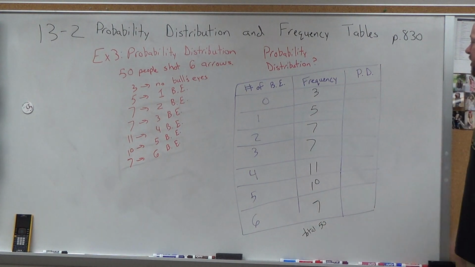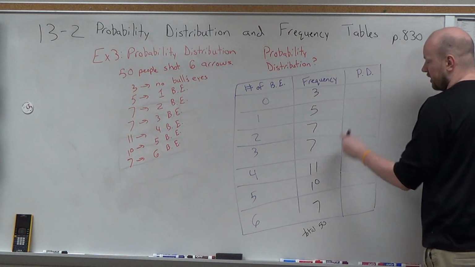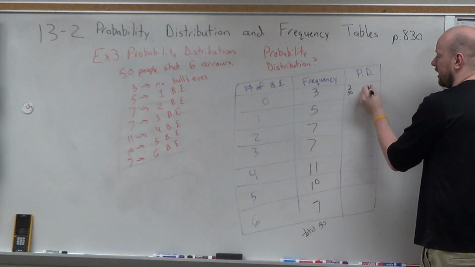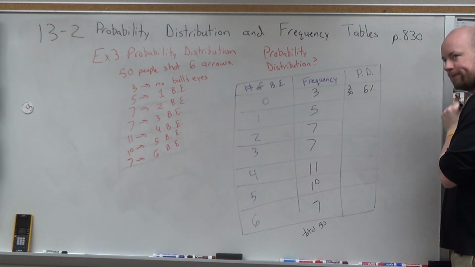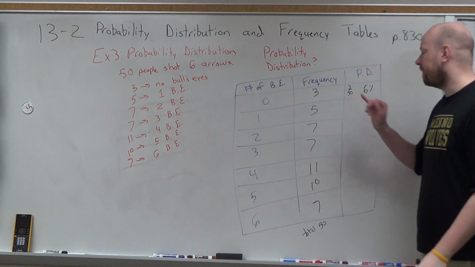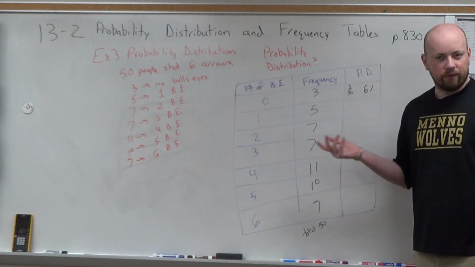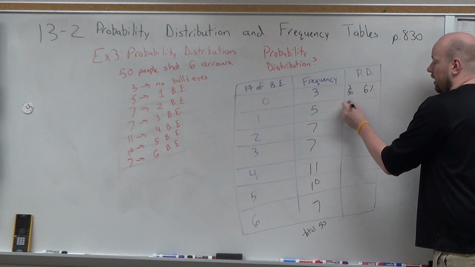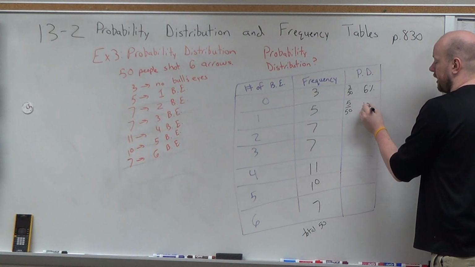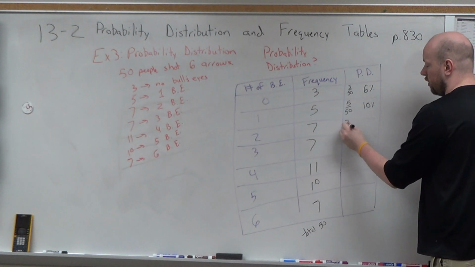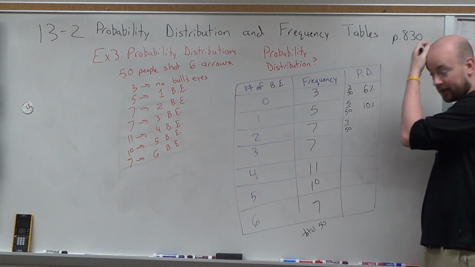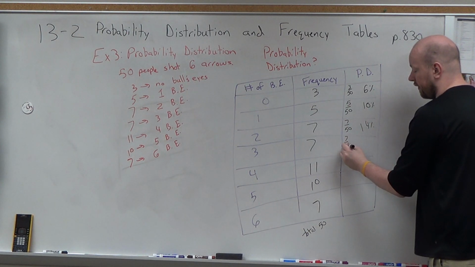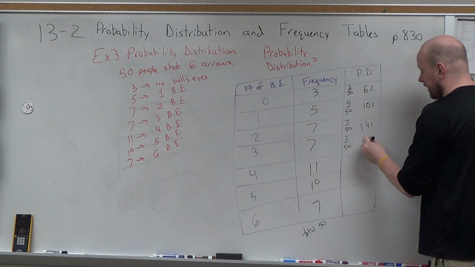Now probability distribution, all you gotta do is my number over my total, 3 over 50, which we can type in our calculator and find the percentage is 6%. When it's easy, something like 50, well, what do I have to multiply 50 by to get to 100? By 2, so I can multiply my numerator by 2. 5 over 50, or 10%, then I get 7 over 50, which again, if I multiplied 7 by 2, I would get 14%. 7 over 50, if it was 14 over there, it's still got to be 14 here.